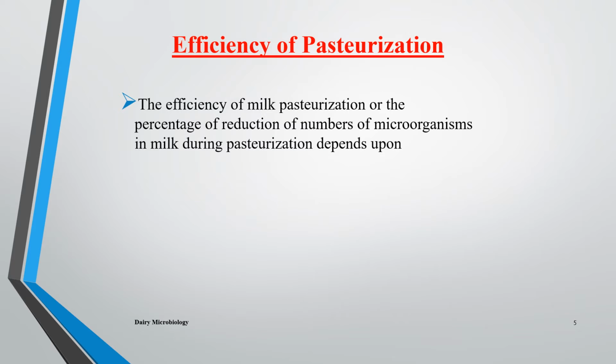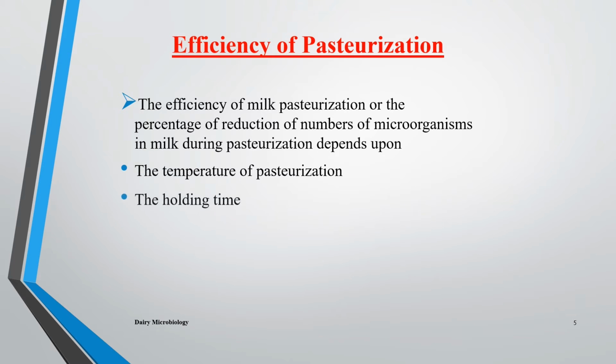Efficiency of pasteurization. The efficiency of milk pasteurization will depend upon how much reduction there is in the number of pathogenic organisms present in the milk sample. And this reduction in the number of pathogenic organisms during pasteurization will depend upon the temperature of pasteurization.